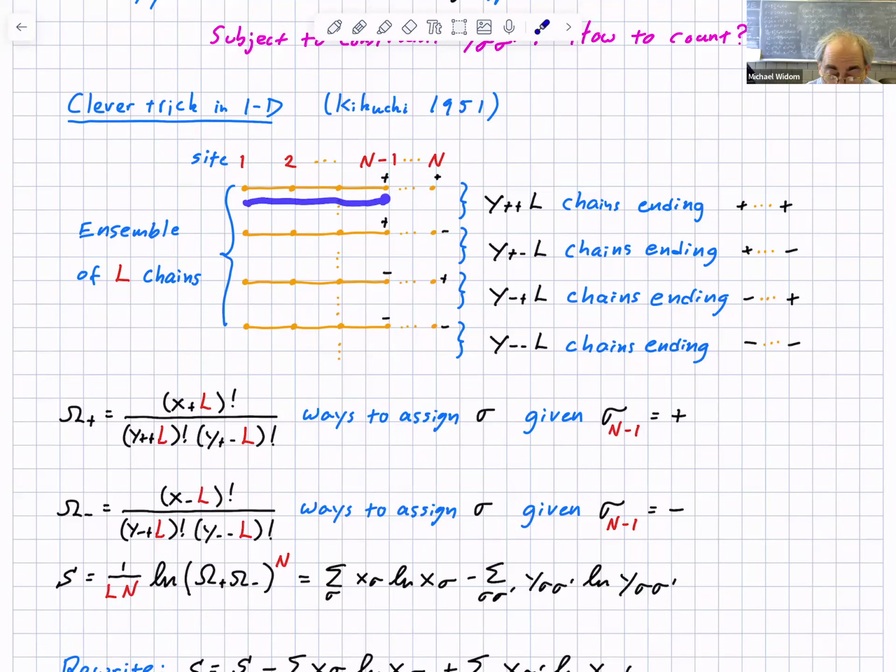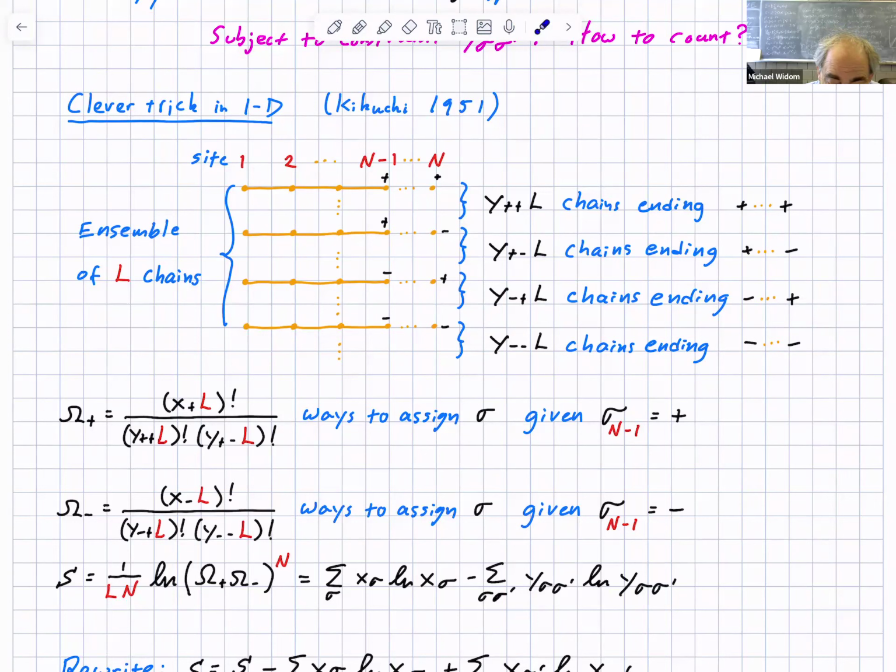Here in the first chain, it happens to end with a plus sign. Then there are going to be many spins that end with plus signs. And here's another one that ends in a plus sign. And again, there are going to be many more. But here is the first one that ends with a minus sign, and another one that ends with a minus sign.